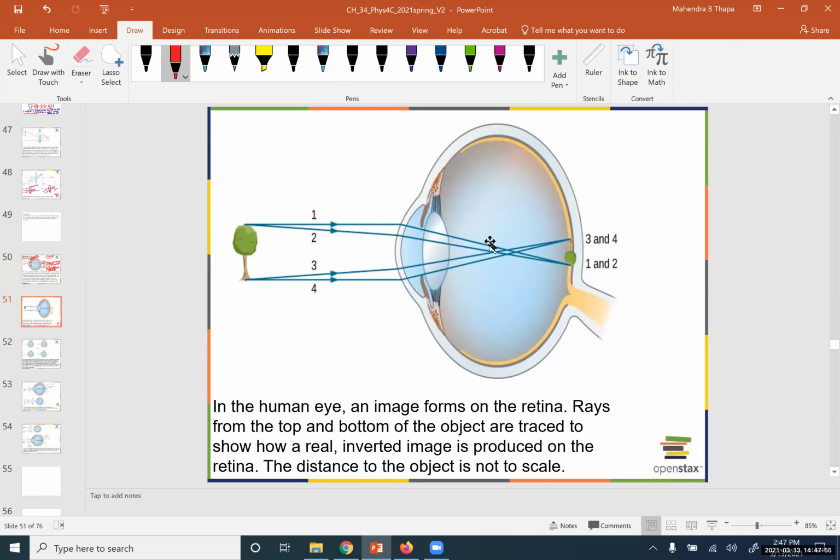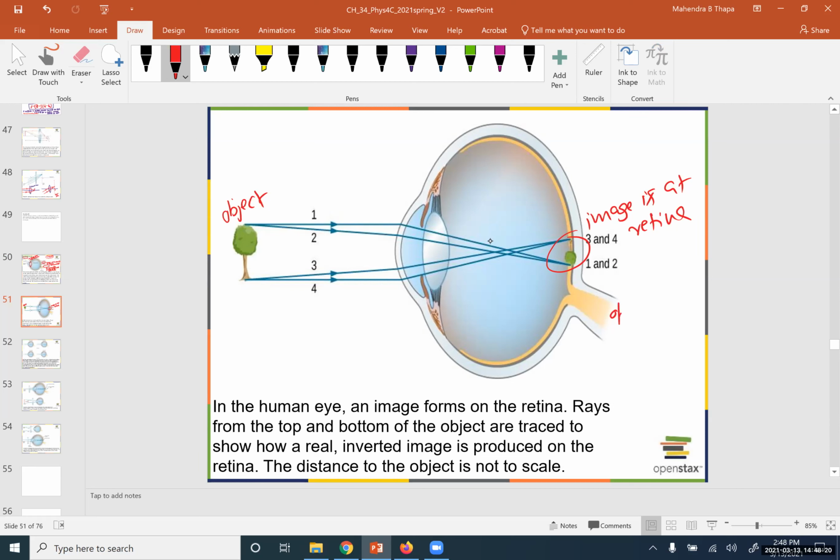This means if the object is in front of our eye, then the image will be formed here, at the retina. Again, the image will be real and inverted, and the nerve here is called the optical nerve.